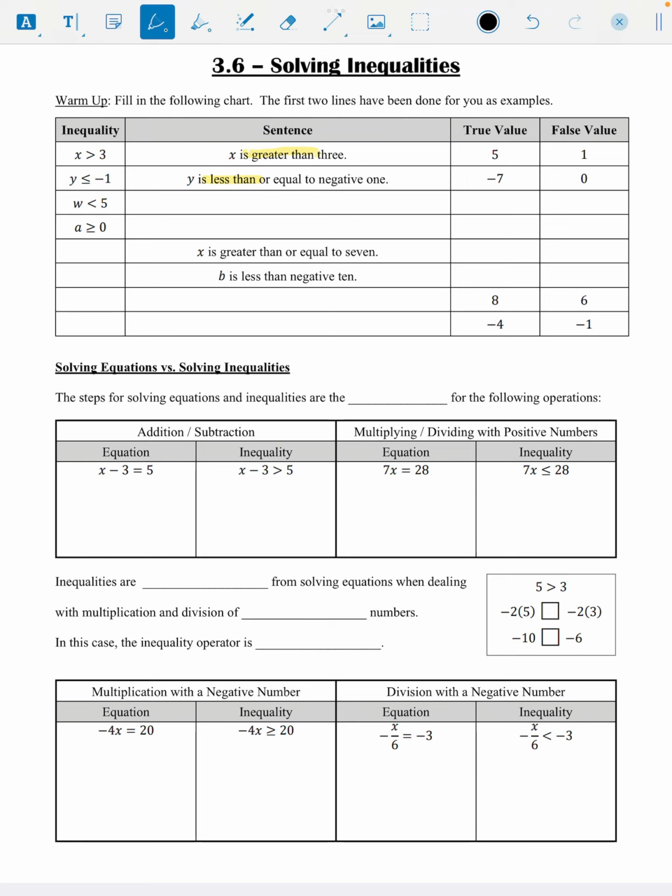So the first one for us to try, the inequality has a W and then a less than sign and then 5. So that means that the sentence should be that W is less than 5.